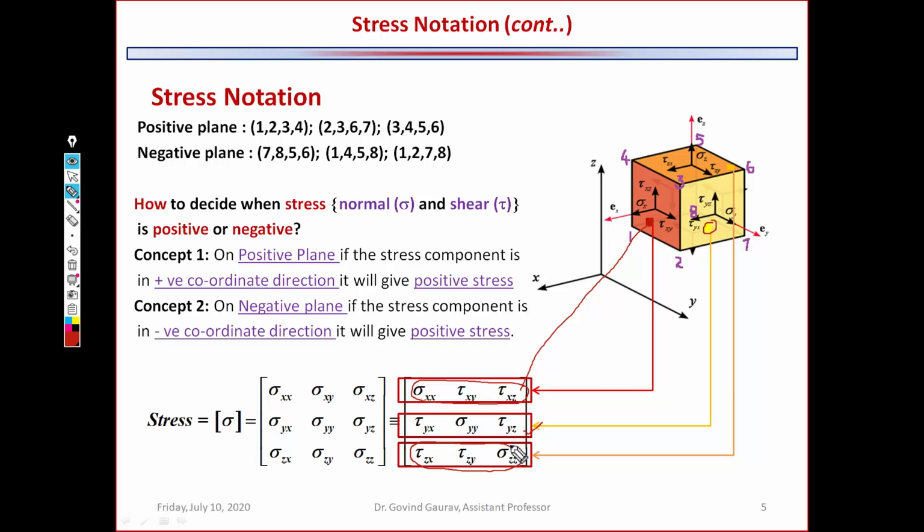This row represents all the stresses acting on the plane 3, 4, 5, and 6. So in the general three-dimensional state of stress, if we are interested in defining the stress at a particular point, how many components do we need? We need a total of 9 components to define the state of stress at a particular point.